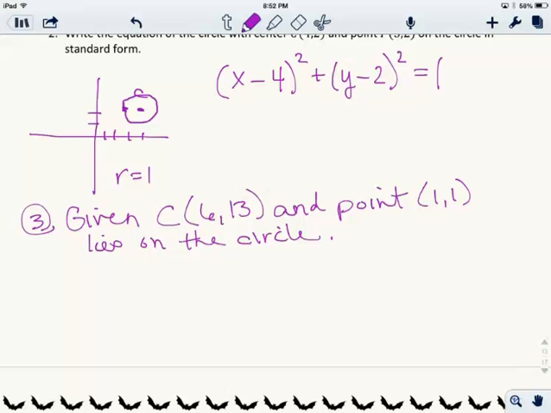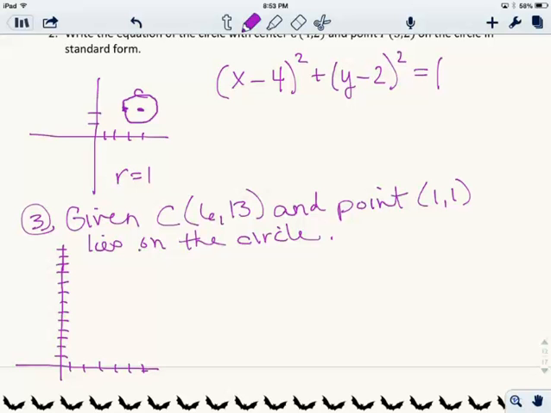Okay, so if we were to graph this, we go over 6, up 13.